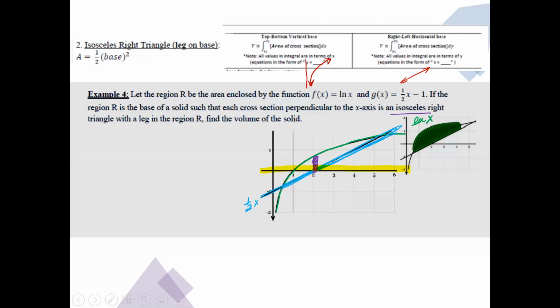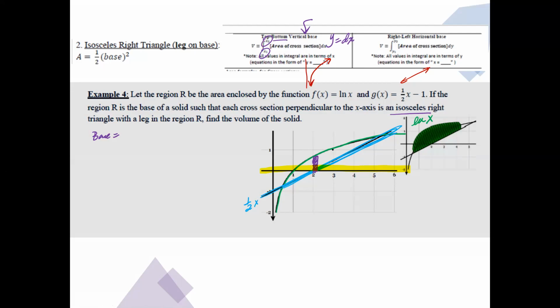All right, so then let's go ahead and take a look at the base. So your base is going to be, because this is a vertical base, you're going to be looking for y equals, solving y in terms of x. Your upper and lower bounds are on the x-axis, and your base is going to be top minus bottom.